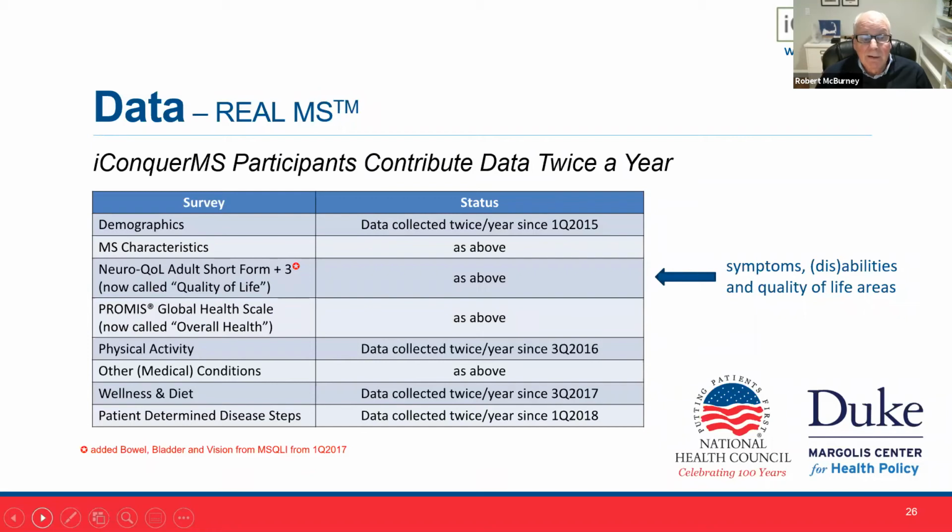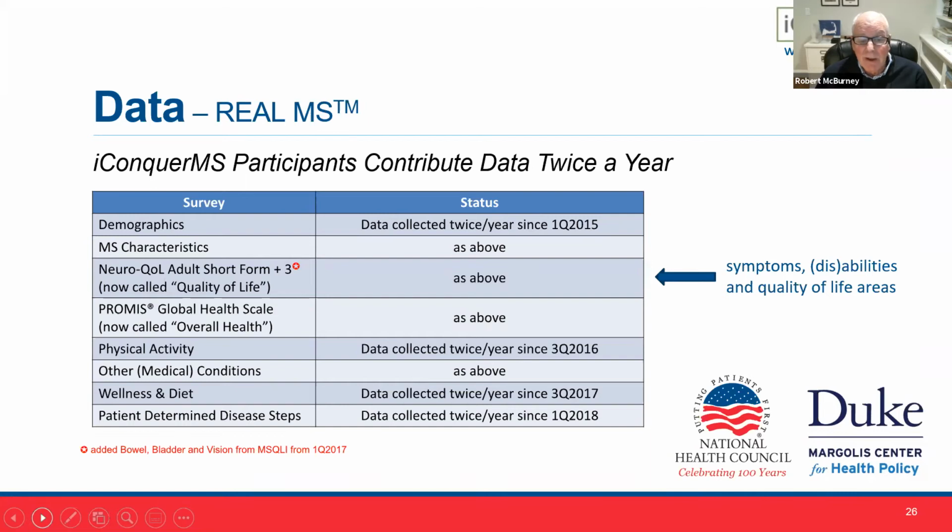We collect a comprehensive quality of life form, which started with the NeuroQual adult short form, which was developed for a wide range of neurological disorders. And we've added things. And you'll note here that not everything was started at the same time. And so the network's data collection has been responsive to the interests of the community.